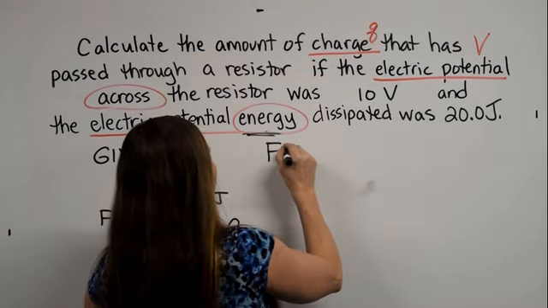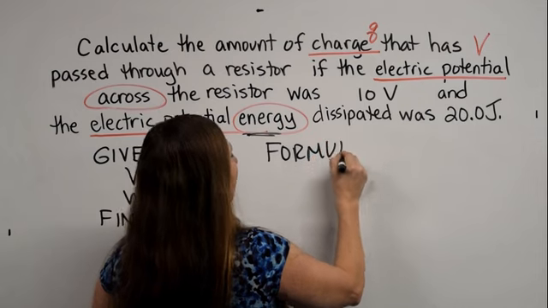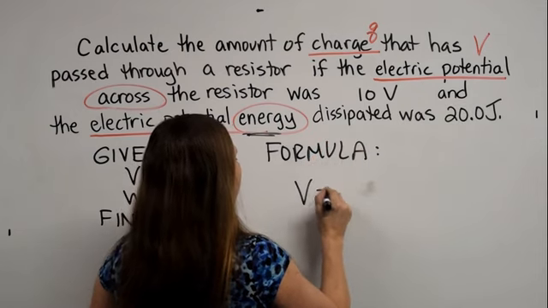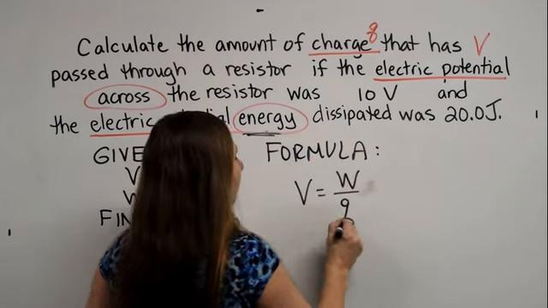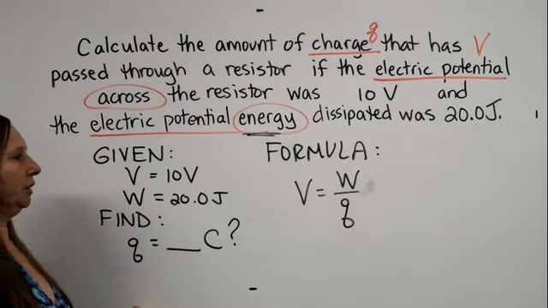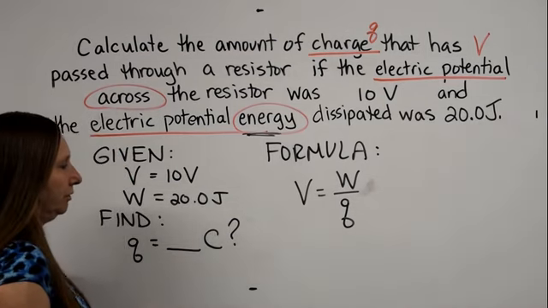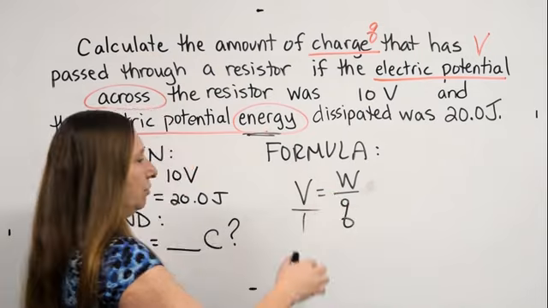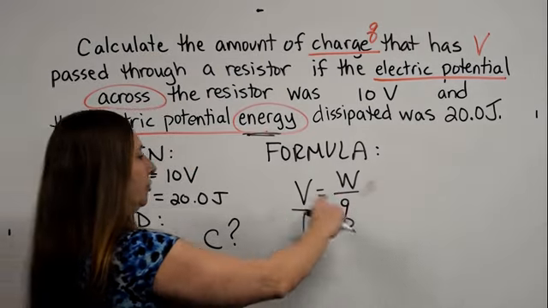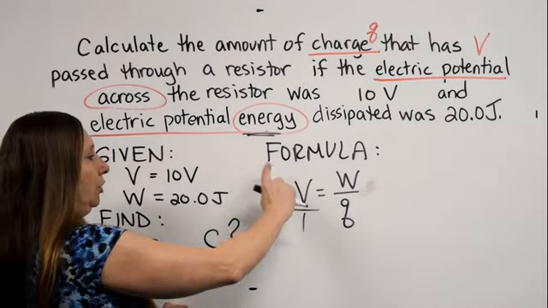Now, formula. We know that V is W over Q. But what if we're trying to find Q? How do we get Q by itself? Well, V and Q are inversely related, so you can switch them.